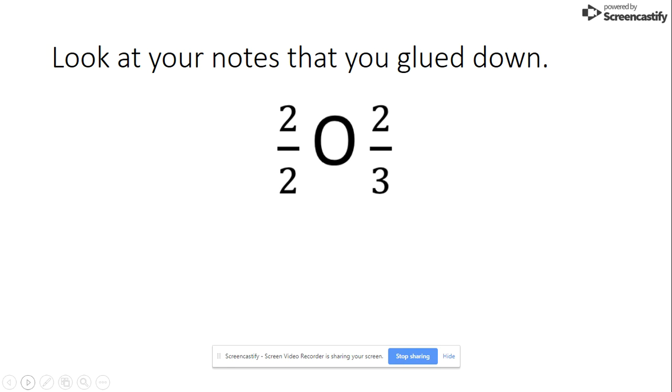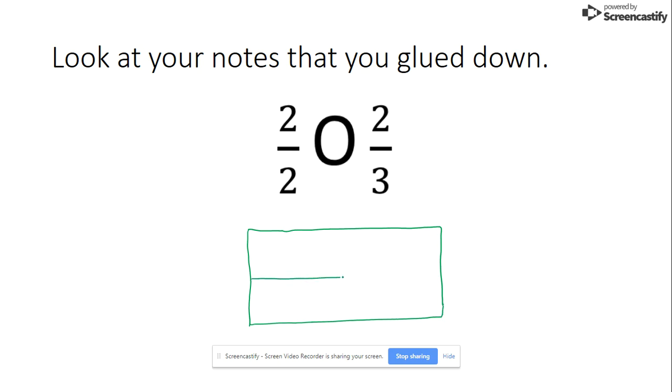Now let's compare 2/2 and 2/3. Again, draw one big rectangle and cut it in half so you have 2 rectangles of equal length on top of each other. I'm going to split the top rectangle in half and my bottom rectangle into thirds.